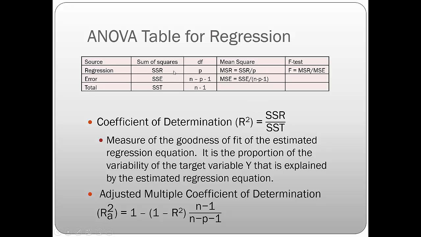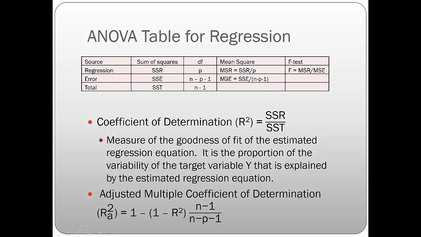Now R squared will always go up as P increases. As more and more variables come in, SSR will only go up and SSE will only go down. It may not go up by very much, but it will go up. Therefore the coefficient of determination is not a good measure to understand whether bringing in a new variable is worth it or not, because when you bring in a new variable, P will go up, which means the degrees of freedom here will go down.